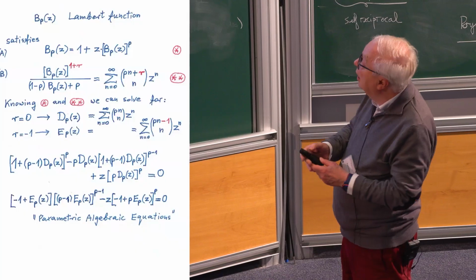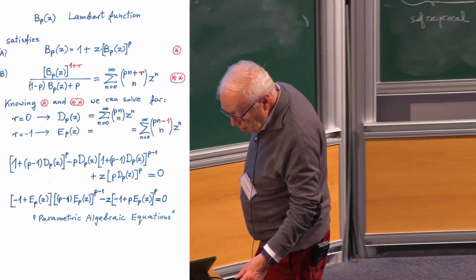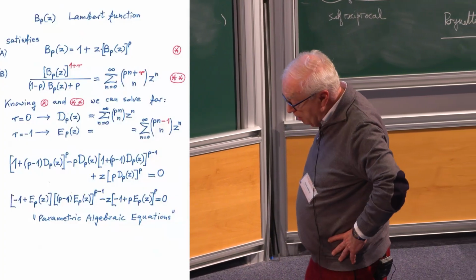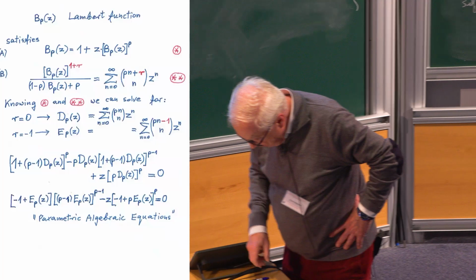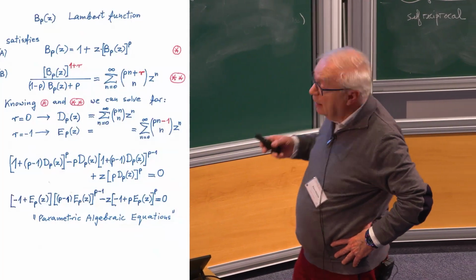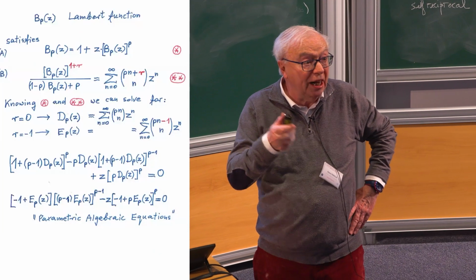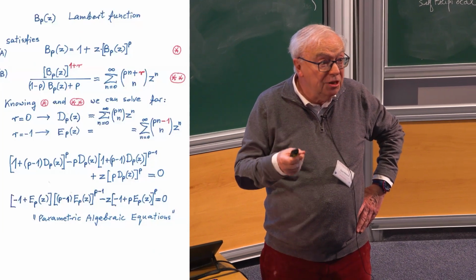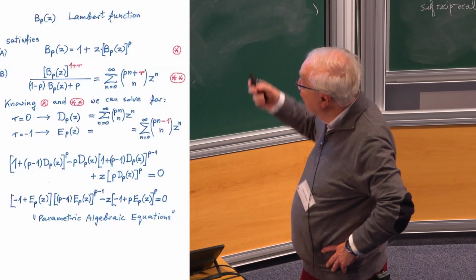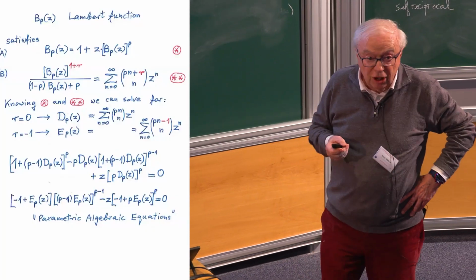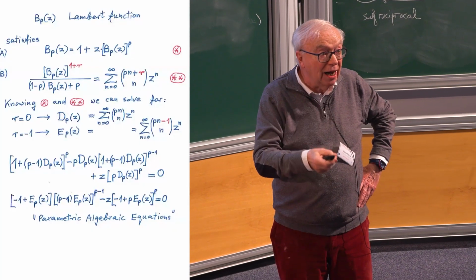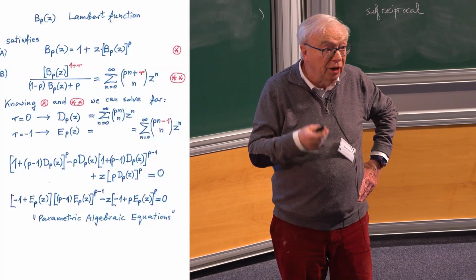And now, why is this thing important for us? Because you ask the question, how do I know that, for instance, binomial 3n over n is algebraic? So our ambition here was to derive an explicit parametrized form of algebraic equations.